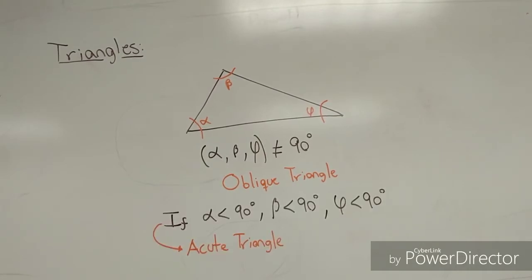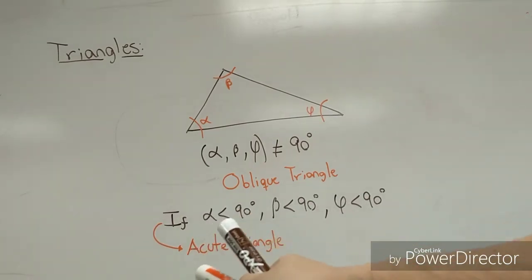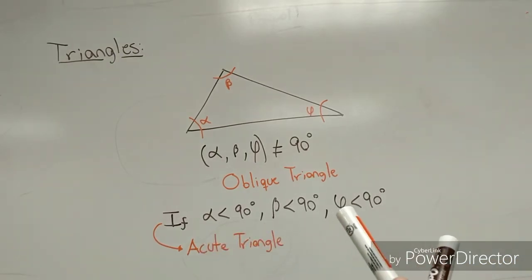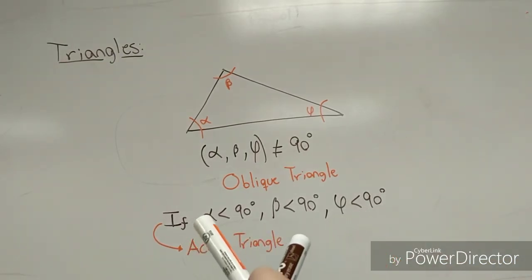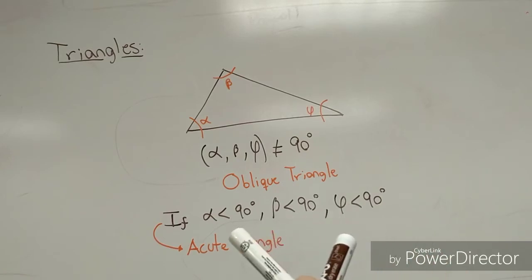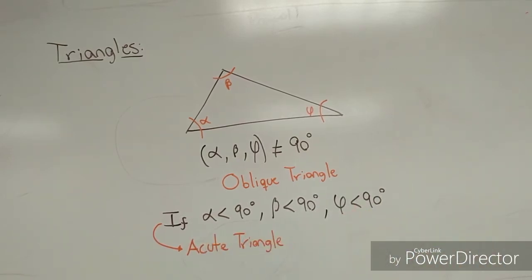Going forward, if every angle of the triangle is less than, by the way, this symbol here means less than, 90 degrees, each one of them, we're going to call that triangle an acute triangle.